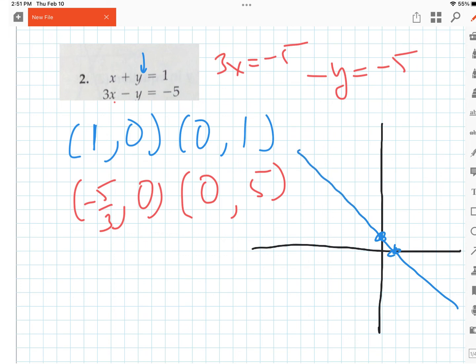The other one crosses at negative 1 2/3, so right about there. And at 0, 5, so 1, 2, 3, 4, 5. Now if we draw those lines, see how it crosses that nice lattice point, that negative 1, 2, and of course we already checked that. I don't know if that's easier than the other method, but it's a way that works.